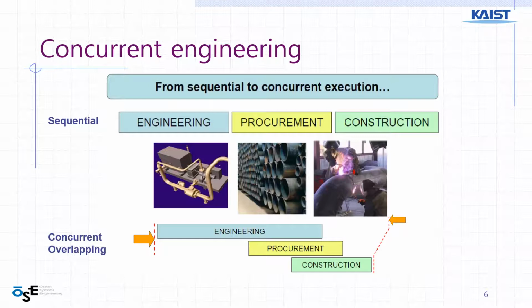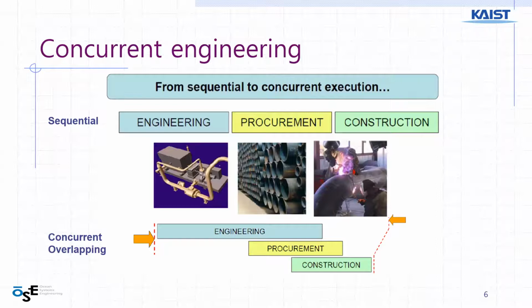Right? EPC, E and P and C goes one by one. So it is the old way of working. So design is finished, then we start procurement, and then we construct ship or plant or home. Right? That is very natural way.